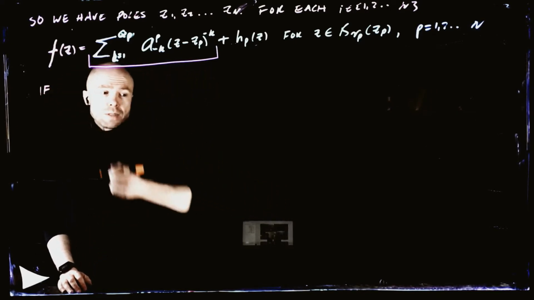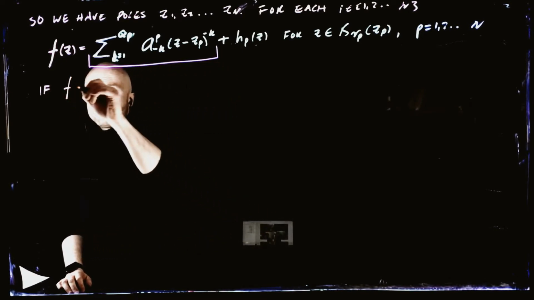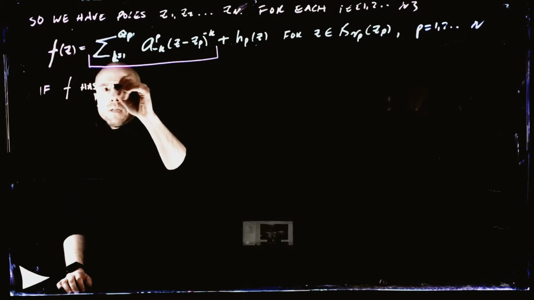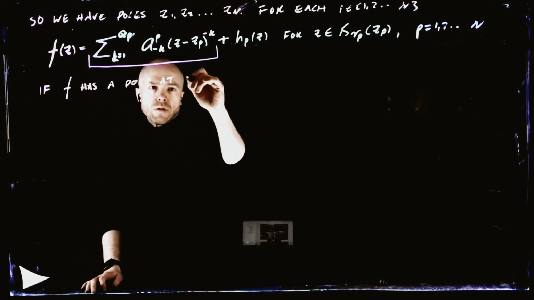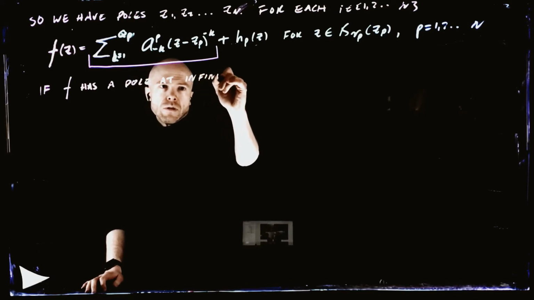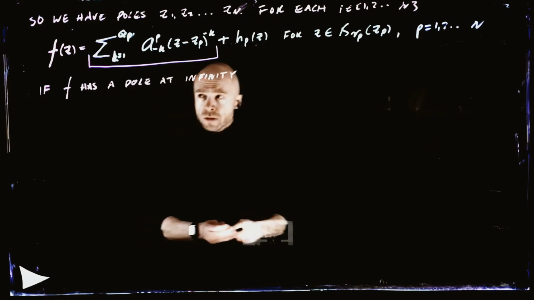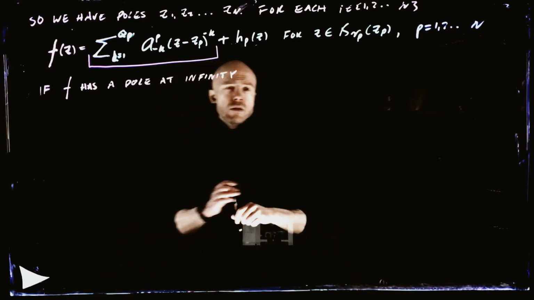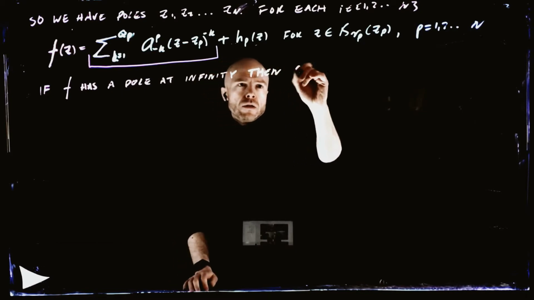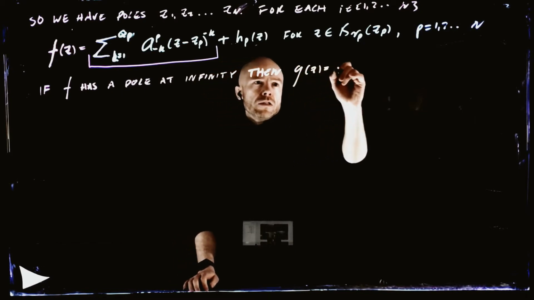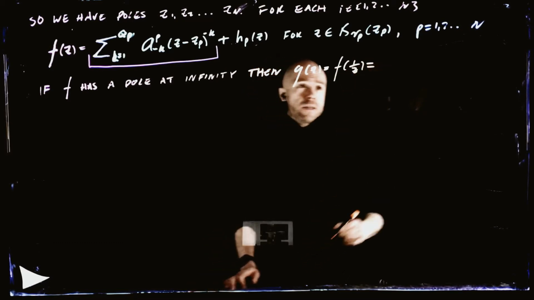So let's assume, because it's the slightly harder case, that f has a pole at infinity. Then how can we denote this? Then g of z, which is f of 1 over z, recall, also has this principal part.